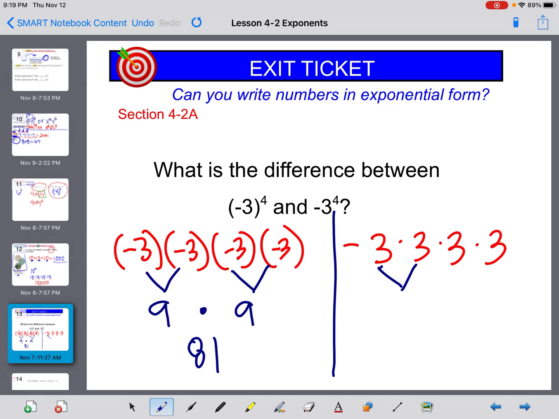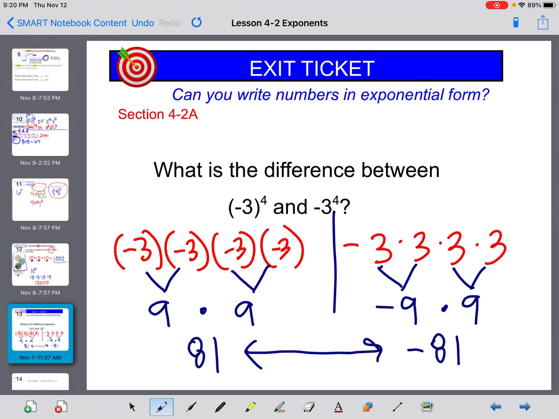On the second one, negative times a positive, negative. What's the difference? A lot. Think of a number line. Think about how far these two are apart on a number line. They're 162 numbers apart.